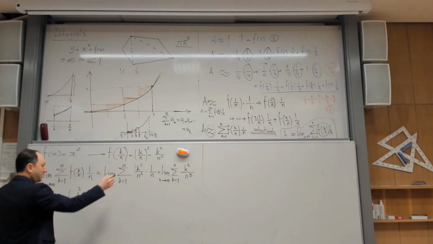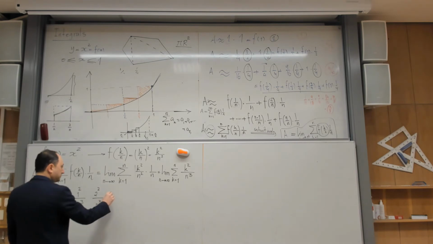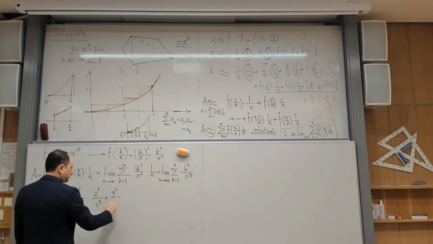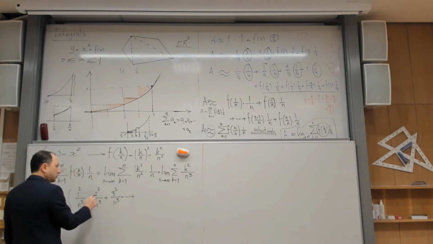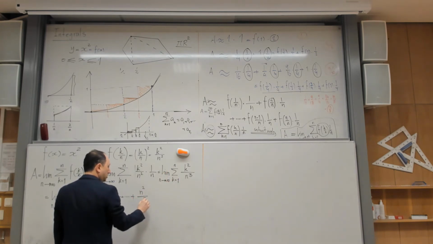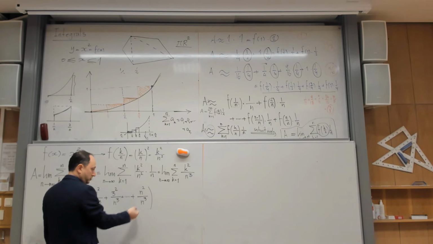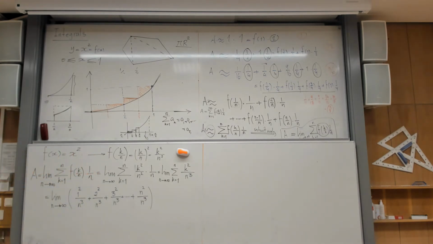I replace k with 2, over n cubed. I replace k with 3, and I continue until I reach the final point. I replace k with n. It becomes n squared over n cubed. Of course, you can simplify n squared over n cubed, but I intentionally don't simplify. So this is a little bit horrible limit that I have to calculate.